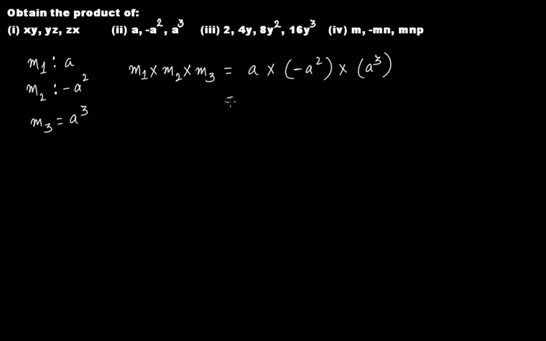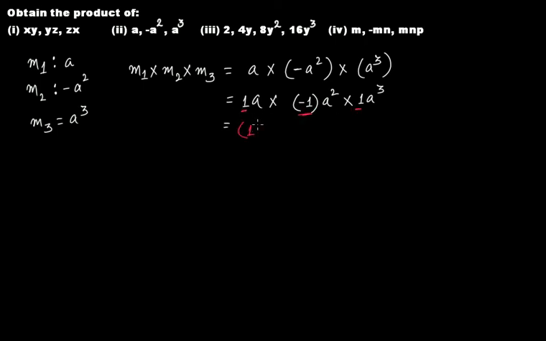You can simply write this. None of these monomials contain any numerical coefficient. That is, it is actually 1, right? So you can think of this minus a as a multiplied by minus 1a squared, right, multiplied by a cubed. Now this is 1a, this is minus 1, this is 1a cubed.